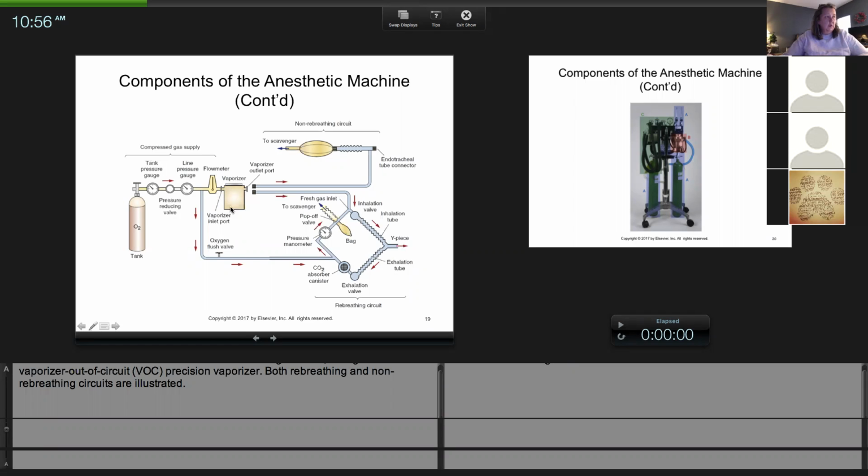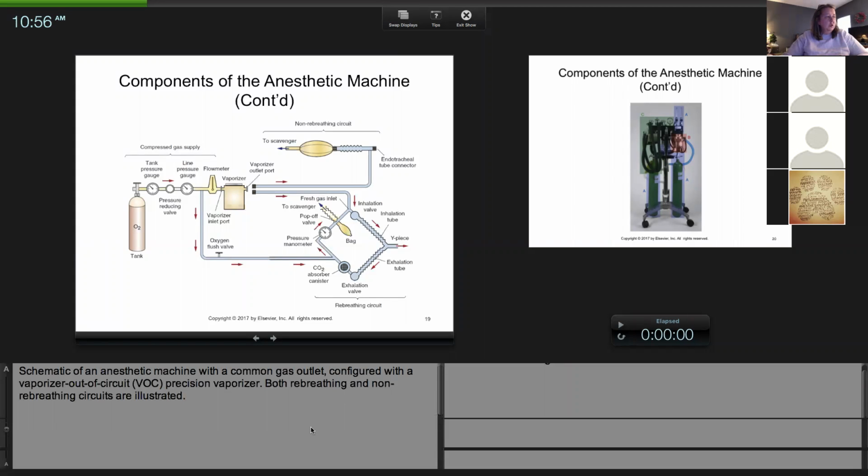The vaporizer out of circuit is over here. If you set an out of circuit vaporizer on 2%, it's going to deliver a consistent level of 2% anesthetic into the circuit. That amount never changes unless you change it. It's out of the circuit.